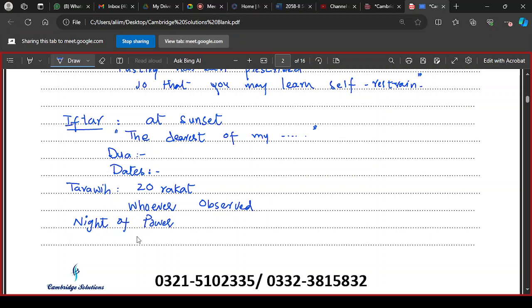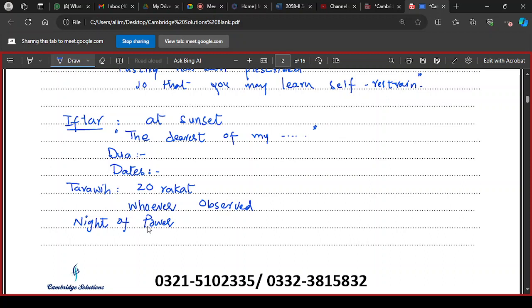According to the hadith of the Holy Prophet, peace be upon him, the Prophet mentioned: seek Laylatul Qadr in the last 10 days of the month of Ramzan, in the odd nights of the last 10 days.